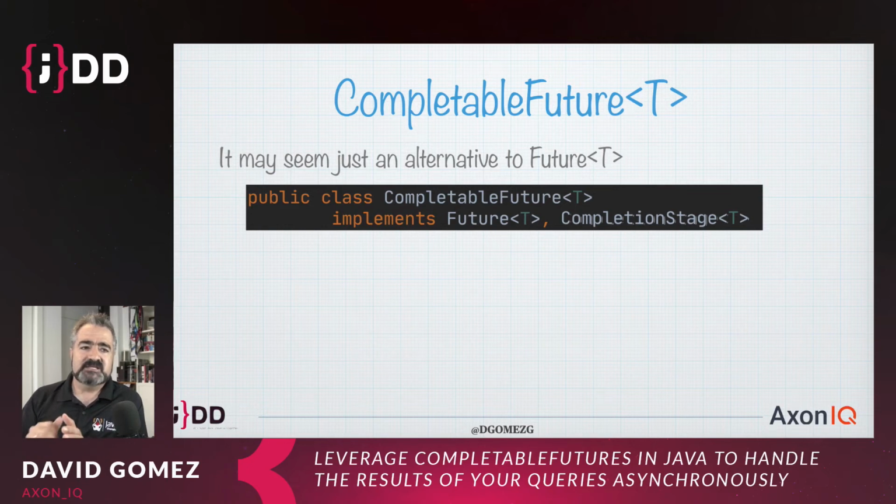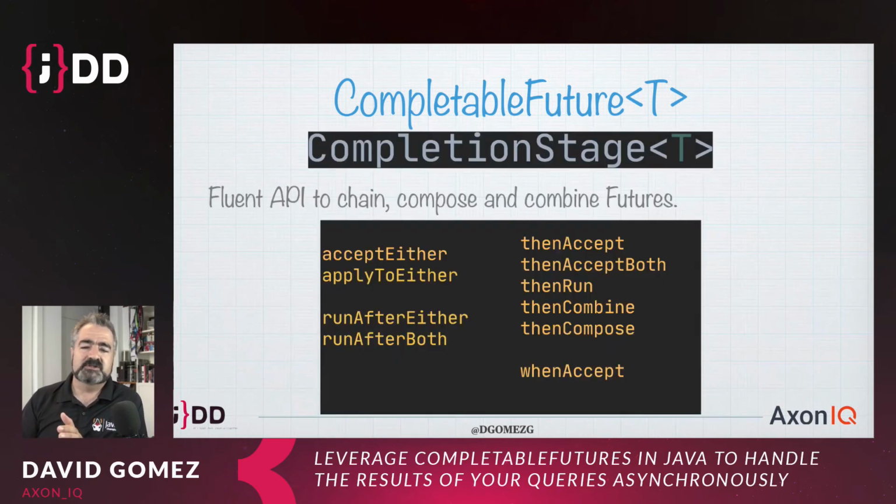And the CompletionStage is where the interesting bits of CompletableFuture come from, because CompletionStage is an interface that defines a fluent API that allows us to chain different tasks.